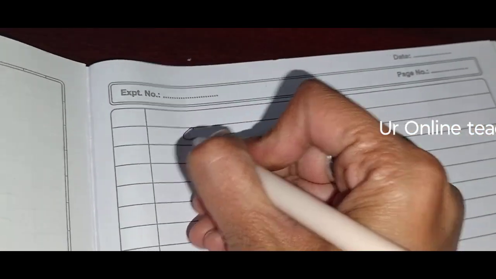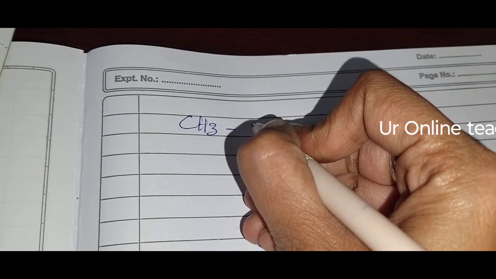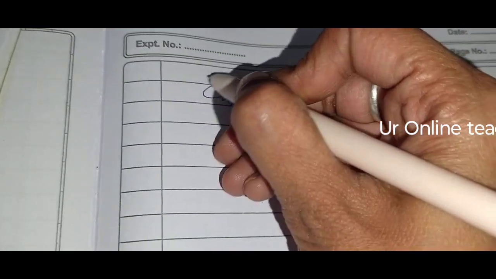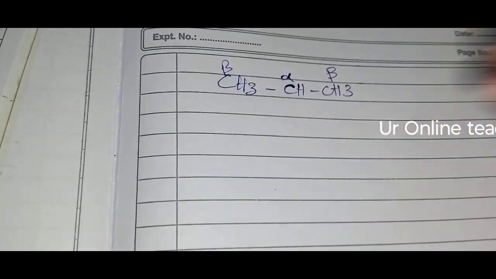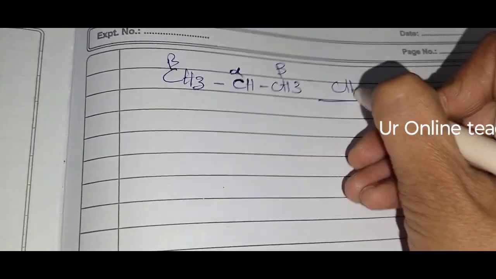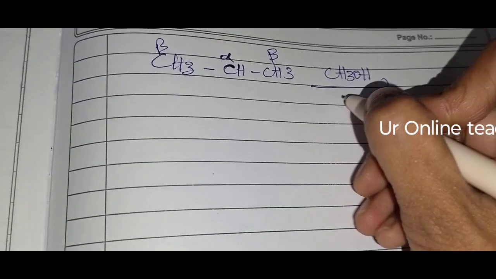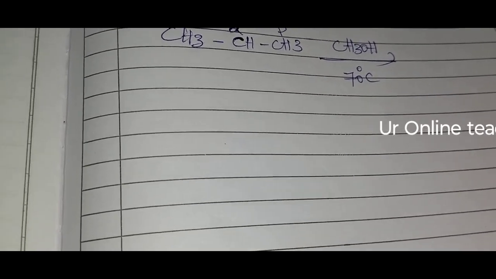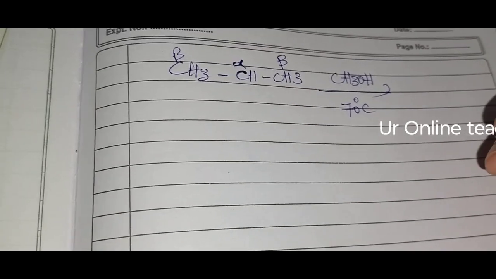Let me explain it with one example. So CH3, CH3. Here this is alpha, this is beta, and this can also be considered beta. Then when we take CH3OH at 70 degrees, at a high temperature more than 50, we can say it is an E1 reaction.